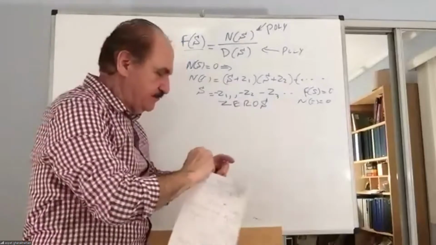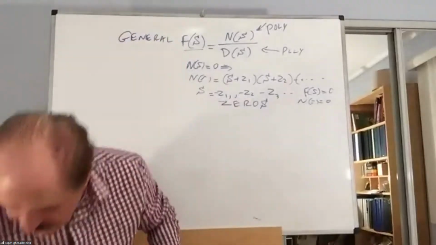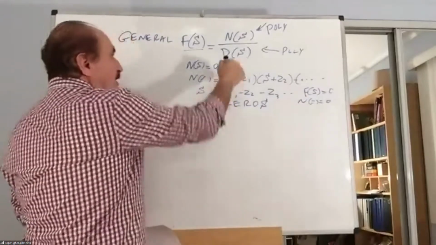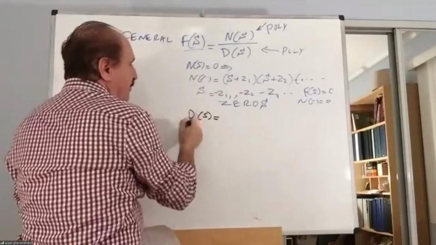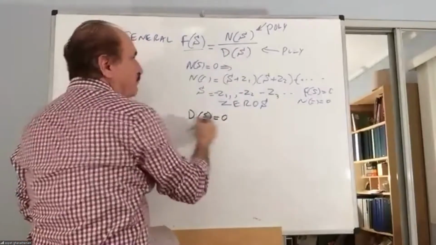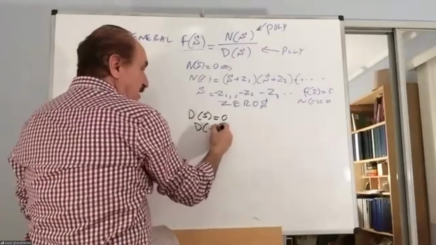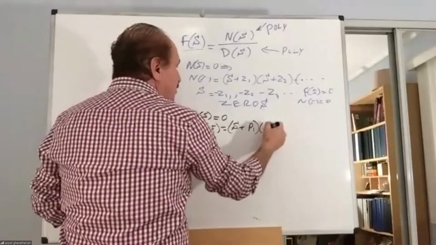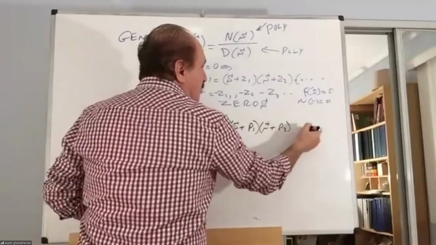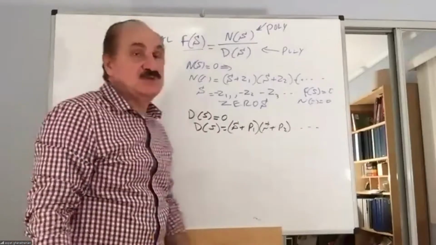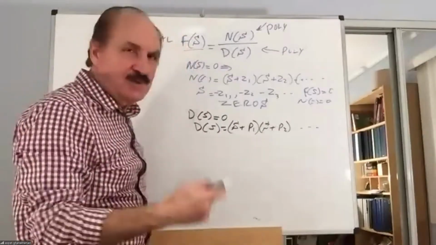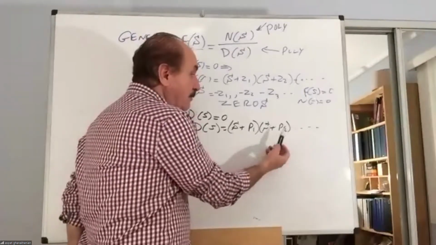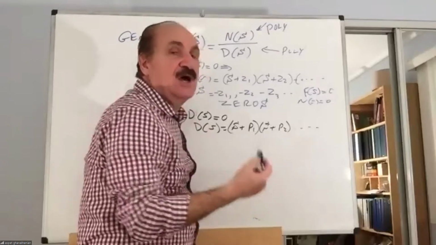Opposite of that: D of s equal to 0. D of s, again, can be s plus p1, s plus p2, etc., multiples of parentheses. To be complete, and we will see, sometimes we get complex poles, but the complex poles will appear in conjugates.